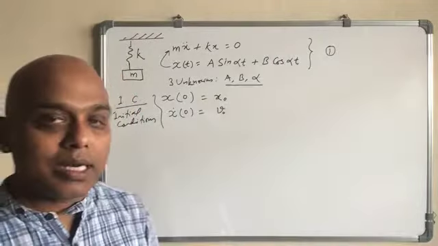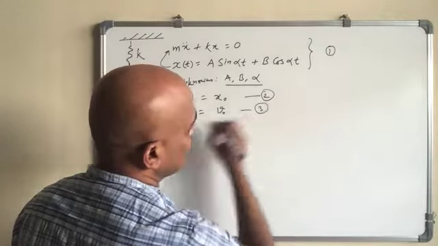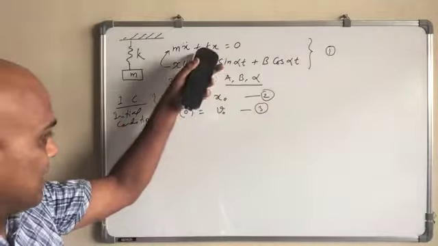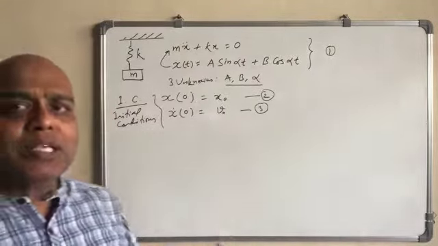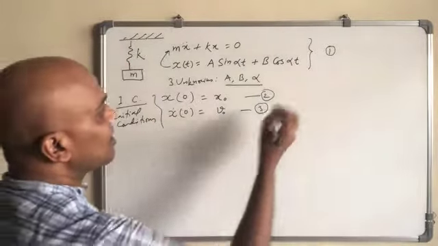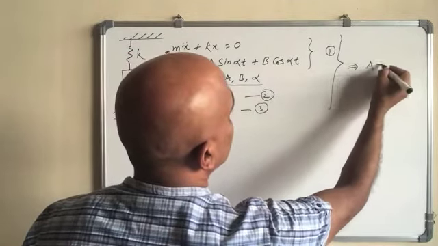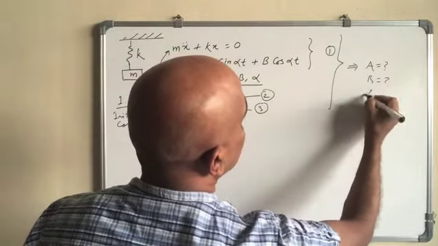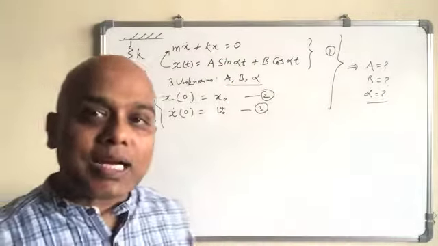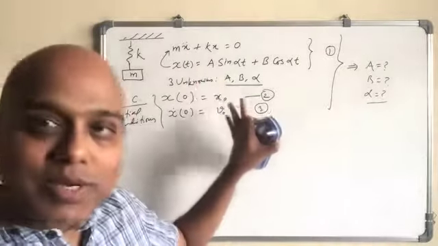So this is equation number 1, this is equation number 2, this is equation number 3. You solve this system of linear equations, and from 1 to 3 you are going to find a, b and alpha. This will give you the exact solution. This is one way of doing it.